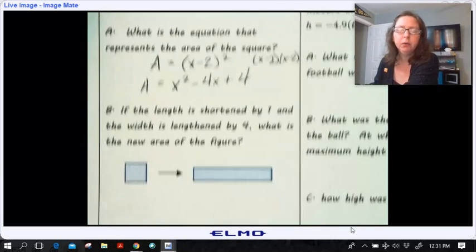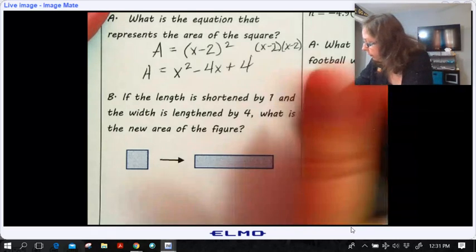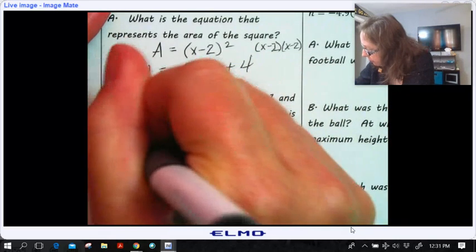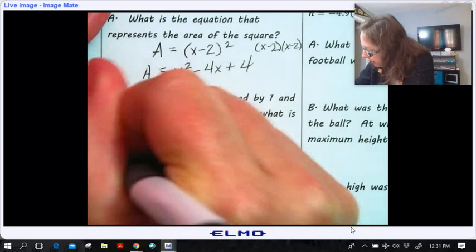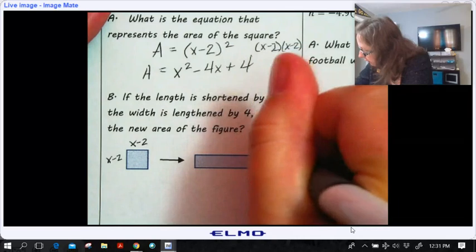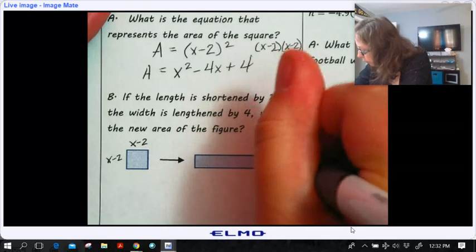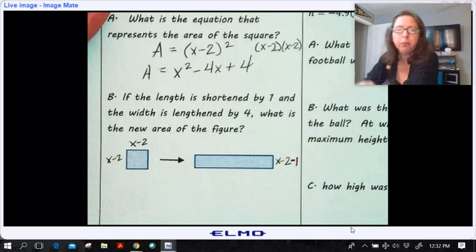All right, now what if we have to make some adjustments to this? If the length is shortened by 1, so again, I used to have x − 2 and x − 2. Well, what if I shorten this by 1 more? So minus 1 in red there.